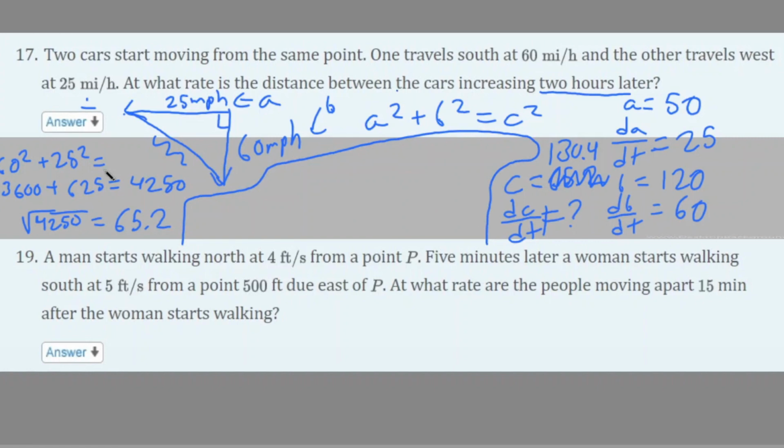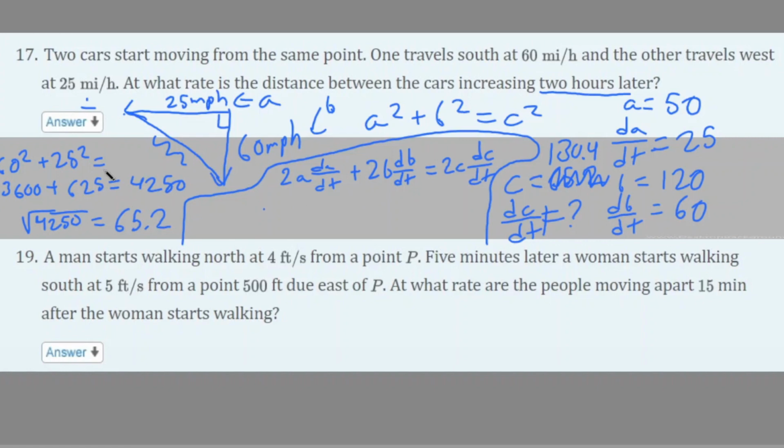Now we take the derivative of this equation, a squared plus b squared equals c squared. We would get 2a dA/dt plus 2b dB/dt equals 2c dC/dt.